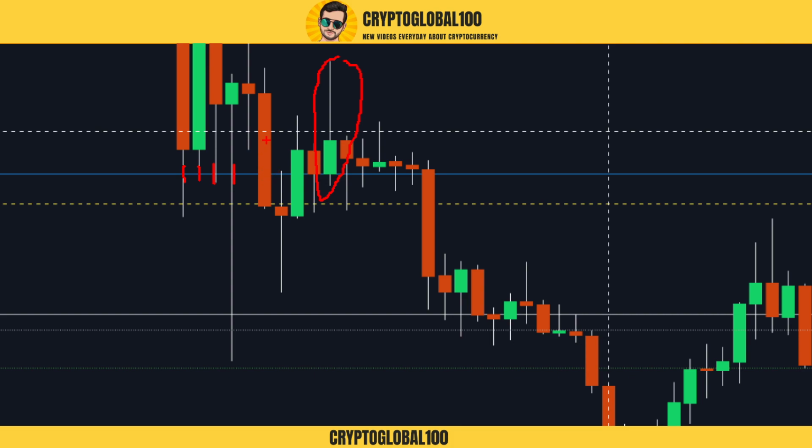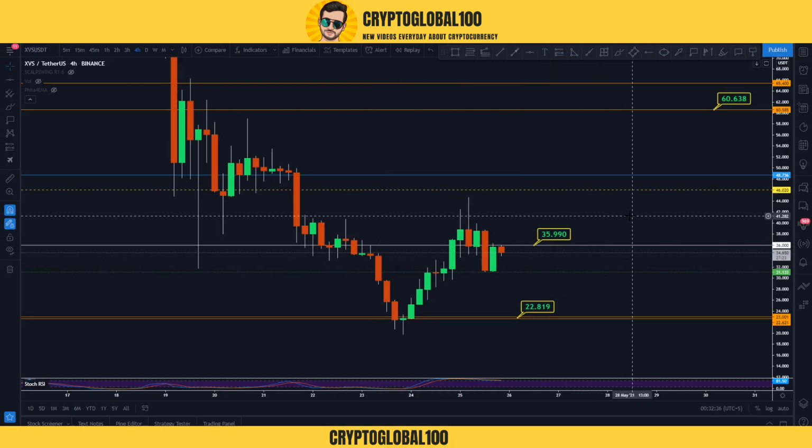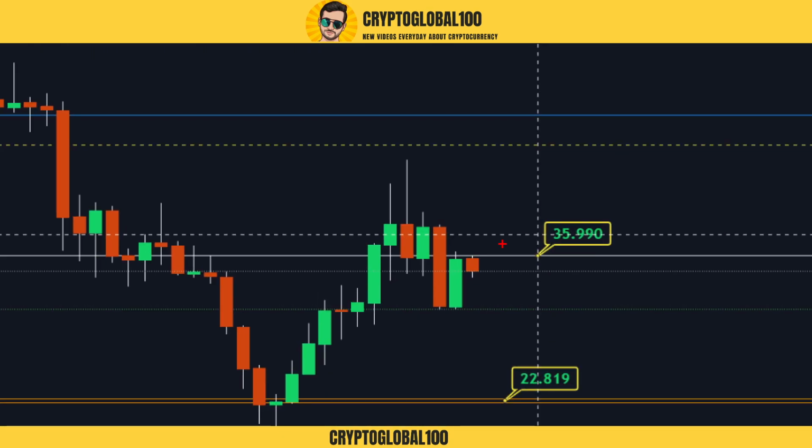Then when it broke through this candle, it showed that this became the resistance. Then on the next candle it broke through, and then you see the candles are closing above this area.